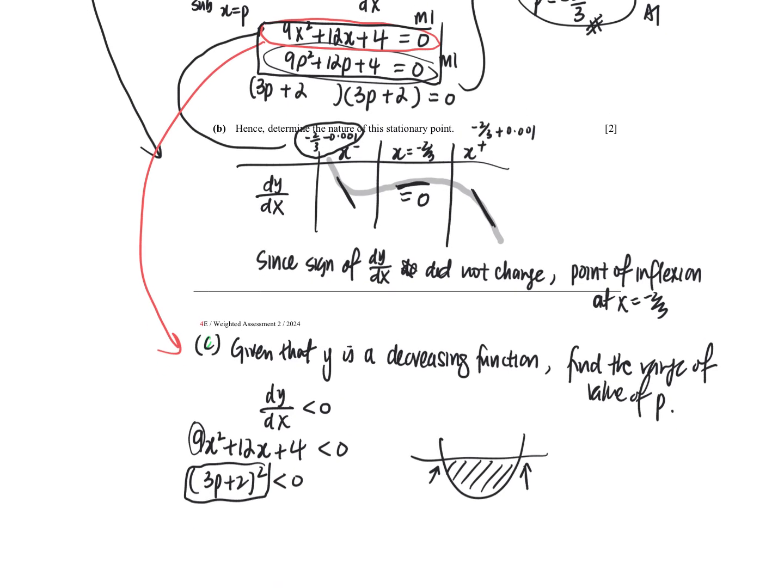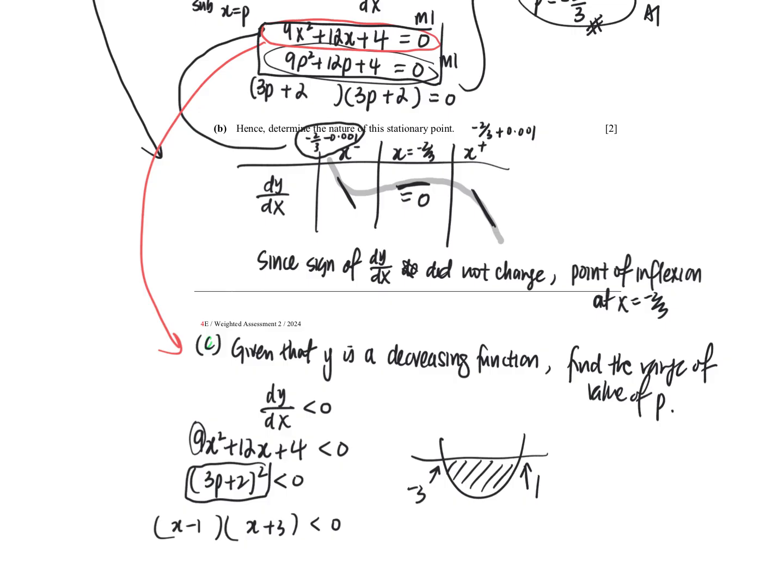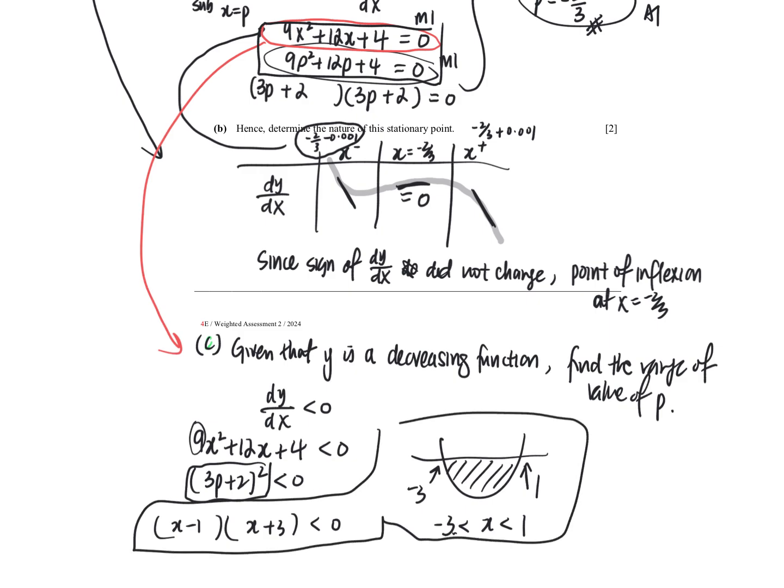But assuming you have an expression with two different values, say between minus 3 and 1, then your x is between 1 and minus 3. I'm just showing you this example, it doesn't work here because it's not planned for this. But if you are given a quadratic inequality, you must be able to solve for the range.